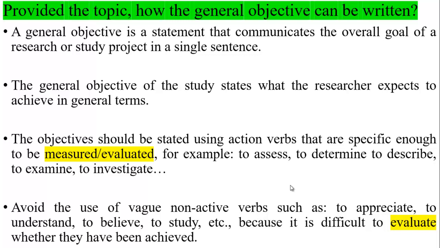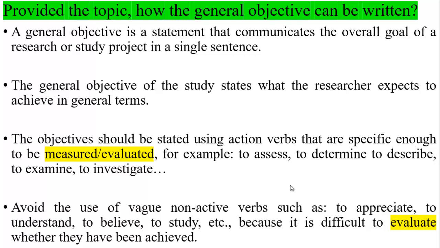The general objective of the study states what the researcher expects to achieve in general terms. It is a generic, holistic expression in a single statement about what is to be met at the end of the study.